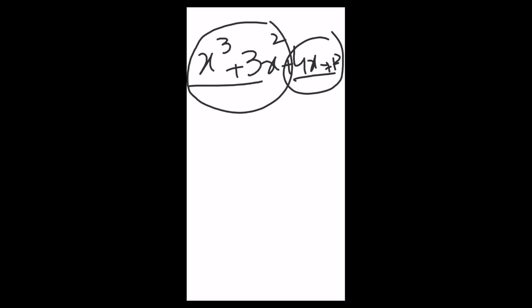So you write the x outside the brackets. If I write x outside the bracket, then you'd have x squared inside, because x multiplied by x squared gets you x cubed. Then you add 3x.